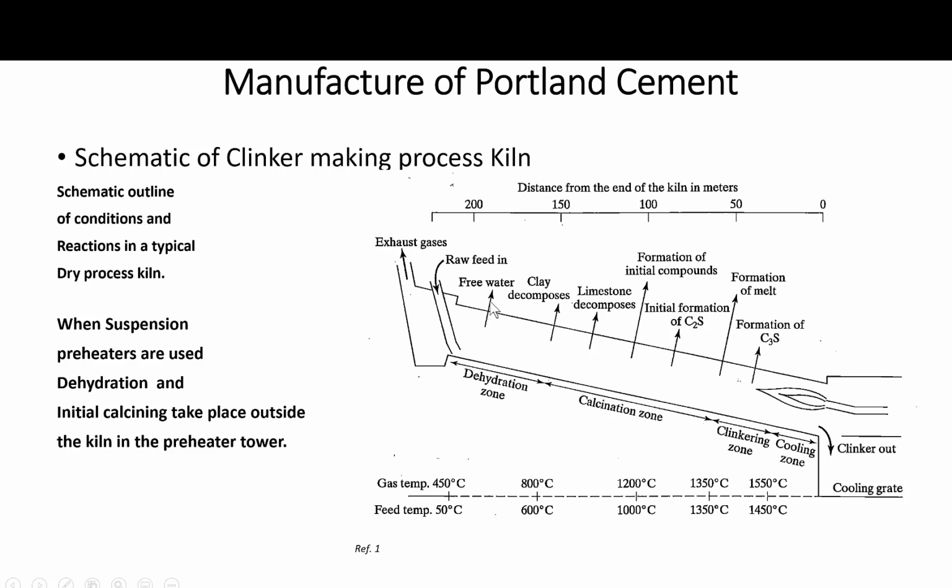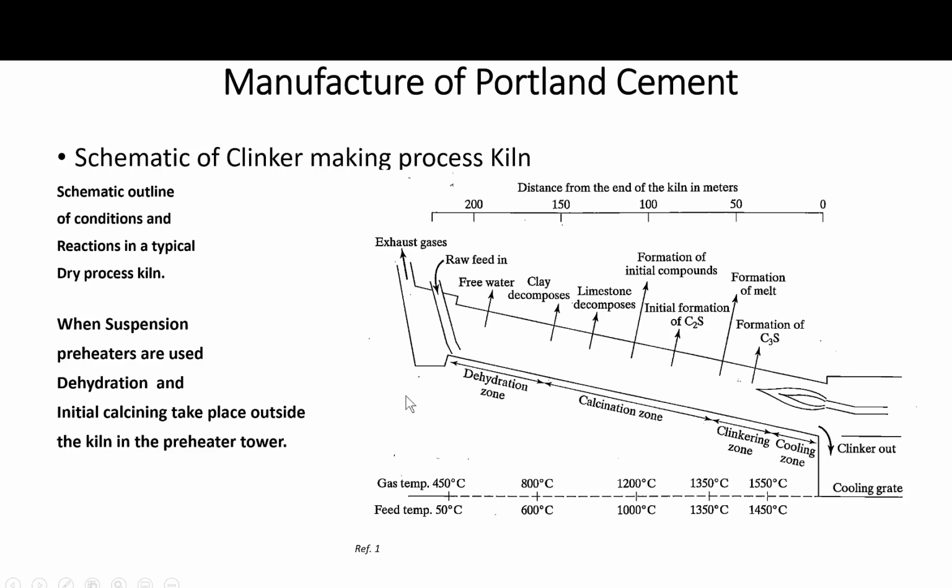Okay, this is the typical or generic schematic outline of the conditions and reactions in a typical dry process. And again, when suspension preheaters are used, dehydration and initial calcining will take place outside the kiln in the preheater tower.